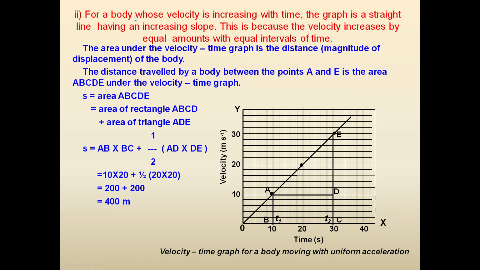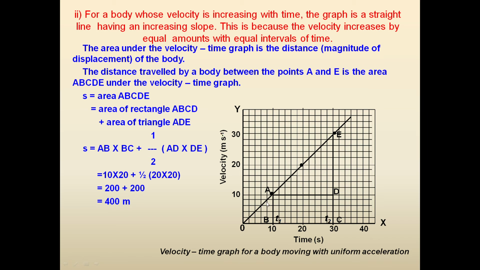Next, let us draw a graph whose velocity is increasing with time. Now this graph is a straight line having an increasing slope because the velocity is increasing by equal amounts within equal intervals of time. So that's a straight line again, but now this straight line is making a certain angle with the x-axis.